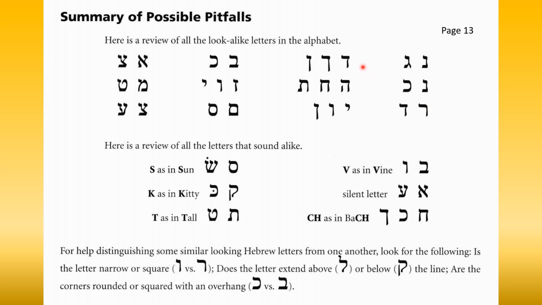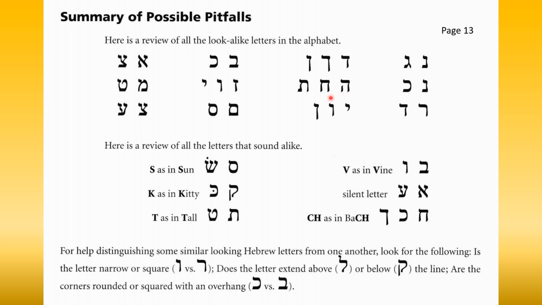And then also the dalet, the chaf sofit, and the nun sofit. If you're not recognizing that this goes below the line, could also be confusing. The nun, of course, has the smaller top.